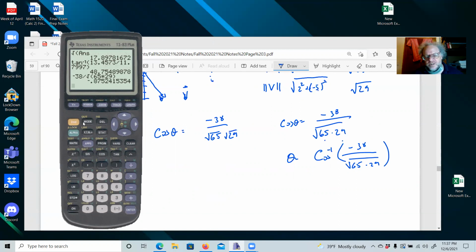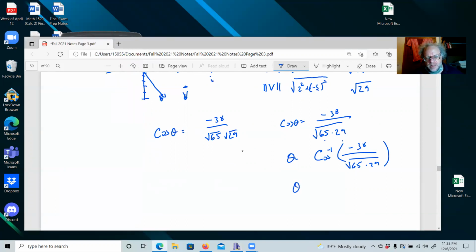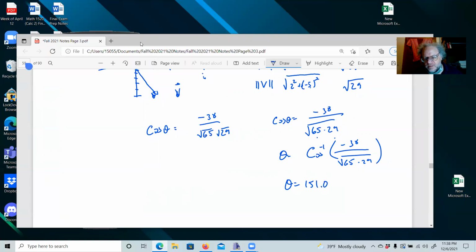Now, since we're still in degree mode, we're just going to do second function cosine, second function, my last answer, so you don't have to carry that number around. And we get theta is equal to 151.07 degrees. That's what we're asking for, the angle between them. That's how you figure it out.